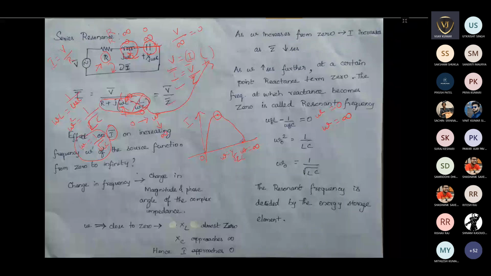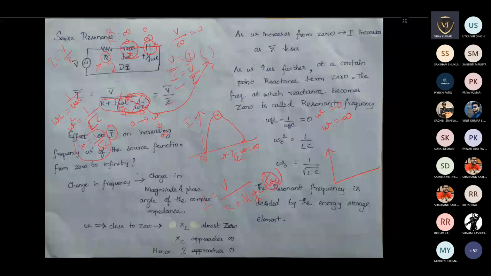Okay, fine. So I plot it again here. At omega equal to 0, my current equation is given by I is equal to V divided by R plus j omega L minus 1 by omega C. If I put omega equal to 0, this term will become infinite.